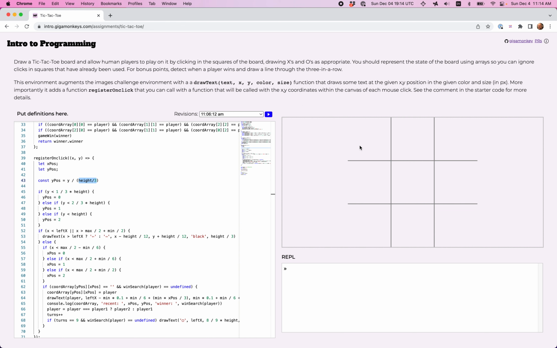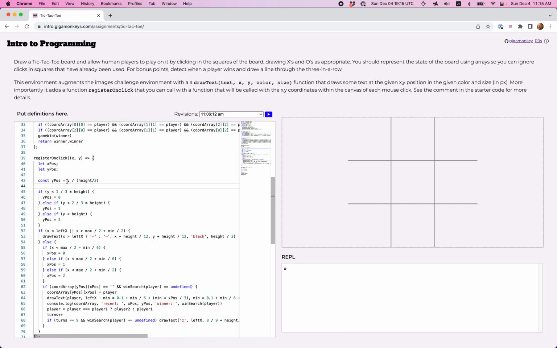If we divide our y value by that amount, we'll get some value that's a little more than 0 but not quite 1, a little more than 1 but not up to 2, and a little more than 2 but not 3.